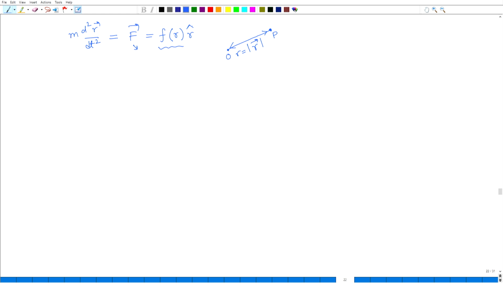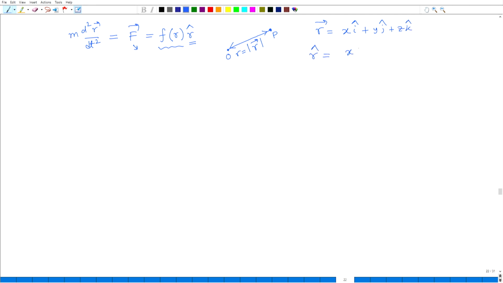The r cap direction is the direction which joins O to P. This is known as the unit vector along the position vector or radius vector r, where we all know r is x i cap plus y j cap plus z k cap. So what is r cap?